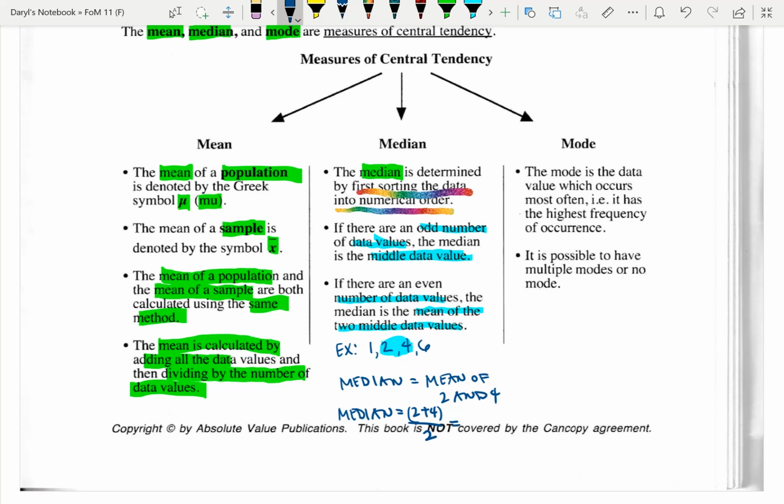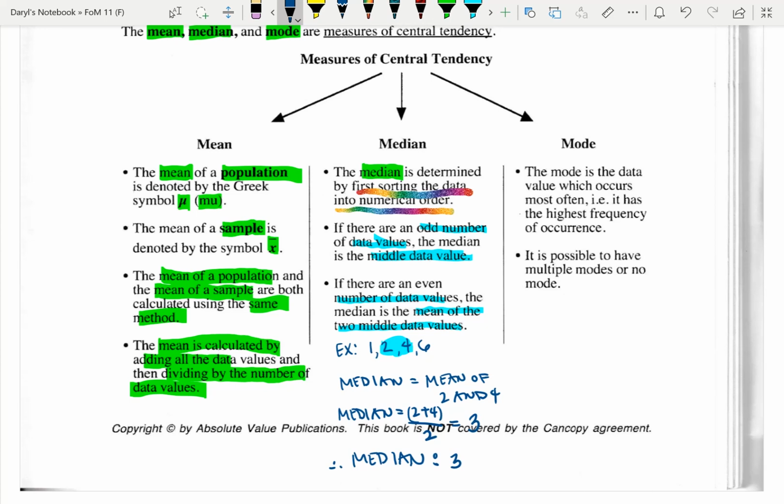That gives you 3. Therefore, the median of 1, 2, 4, and 6 is equal to 3.